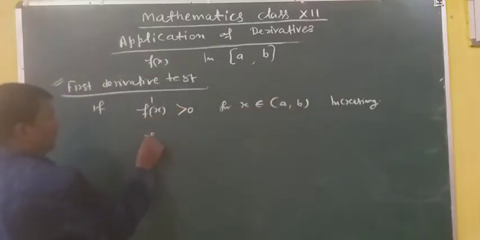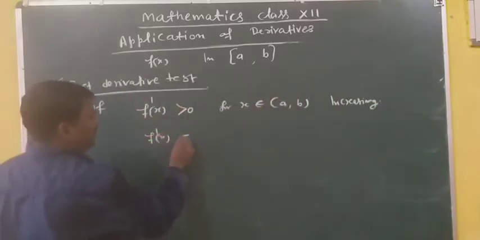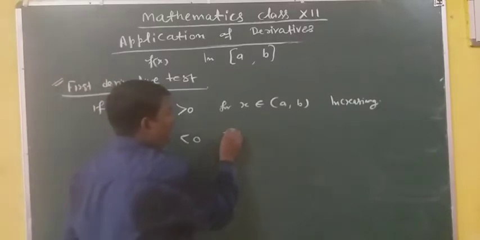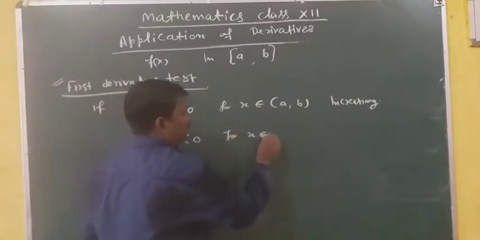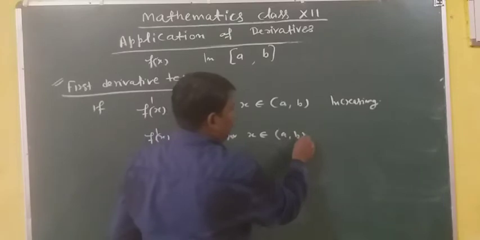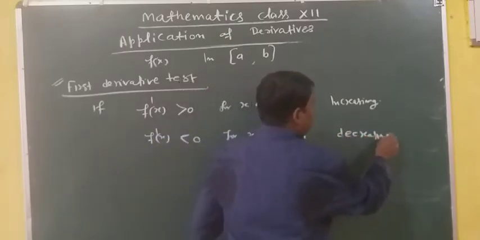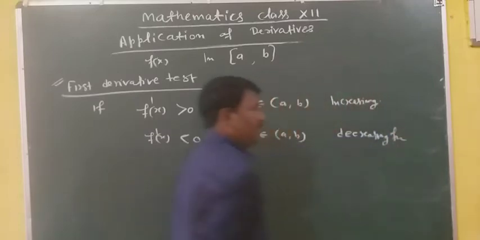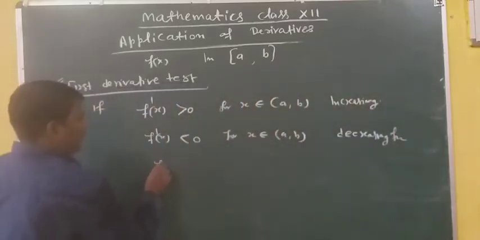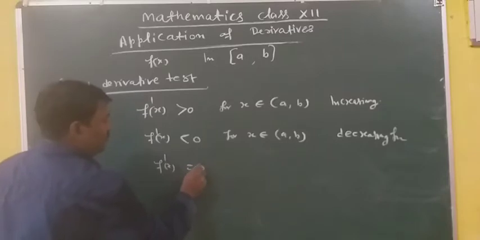And if f dash x is less than 0 for all x belonging to (a, b), then it is a decreasing function.